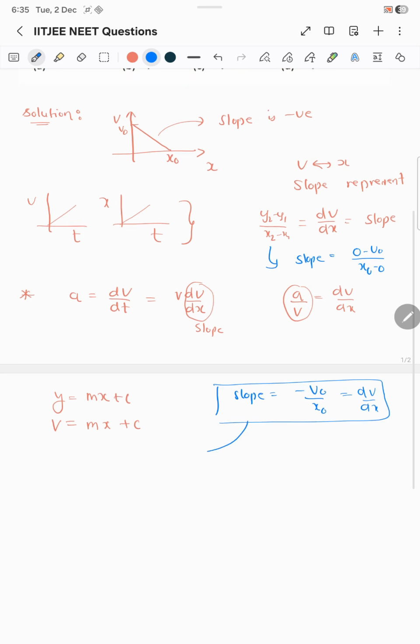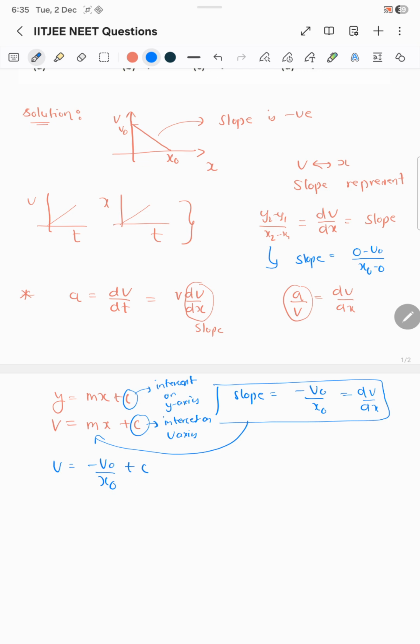So I can put this slope value here because m represents slope. So v equal to minus v naught by x naught times x plus c. What does c represent here? c is the intercept on the v axis, because velocity is on the y axis.